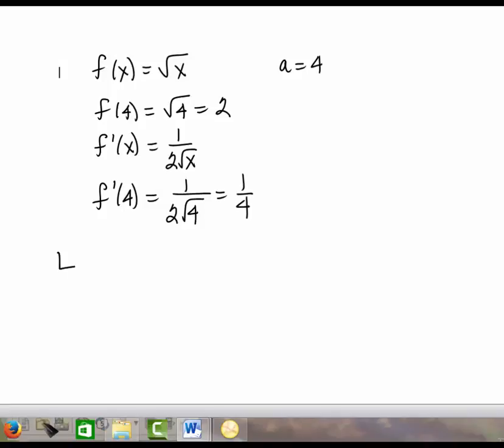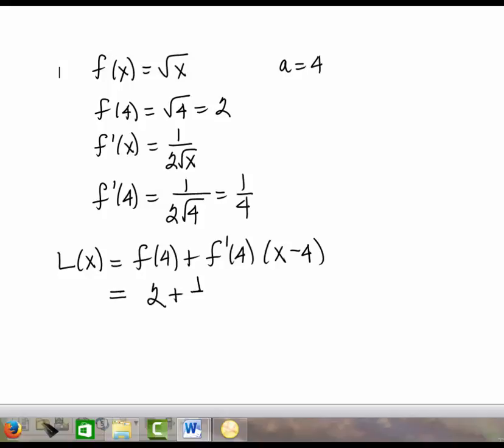So my linearization, remember, it's f of a, in our case f of 4, plus f prime of 4 times x minus 4. So our linearization L of x is 2 plus 1/4 times x minus 4.